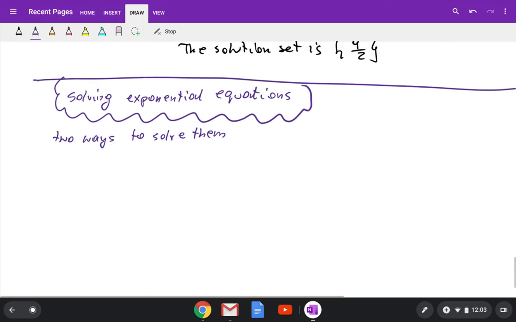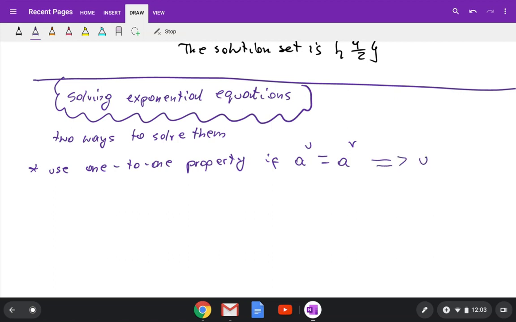The easy one, the first one, will be to use the one-to-one property. So that means if you have base to the power of u, it's equal base to the exponent v, this is equivalent to u equal v. Don't forget that bases are always positive. So that's the one-to-one property.